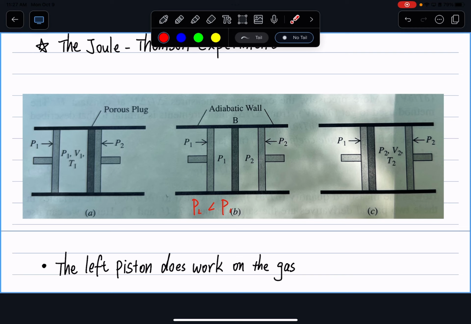All right? And we specifically say this partition only allows slow and reversible throttling of the gas.